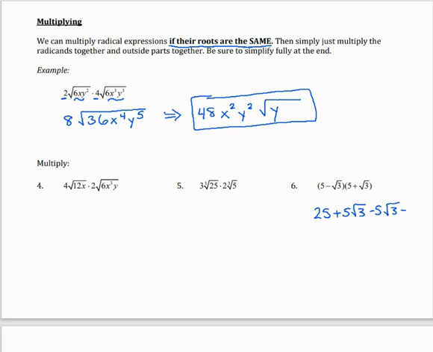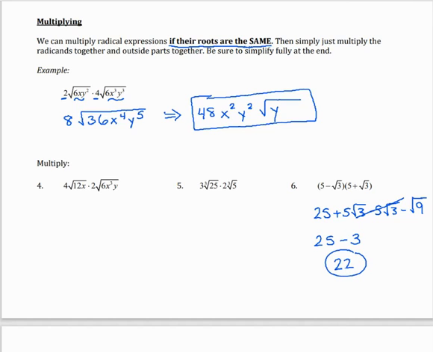Root 3 times root 3, those are both radicals, so we multiply what's on the inside. 3 and 3 makes 9. And now we simplify. So we have 25. The inside terms are opposites, so those will cancel. And then we have minus root 9, which is 3. And 25 minus 3 is 22.